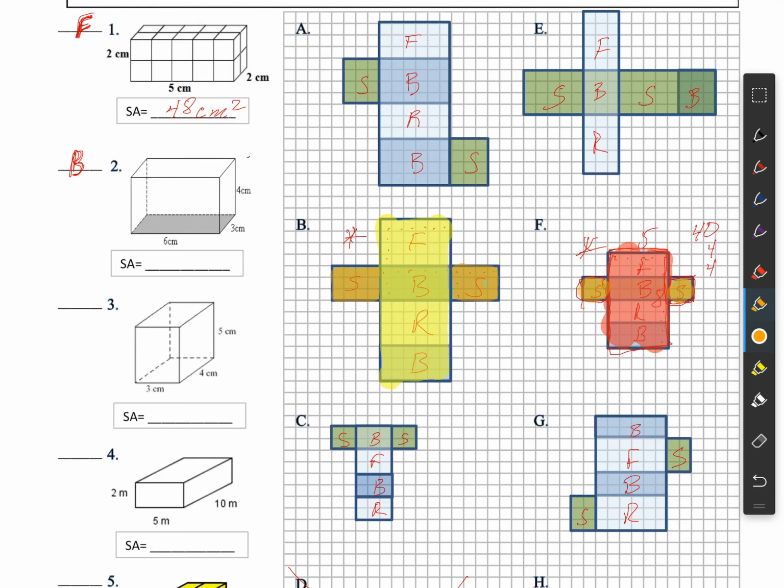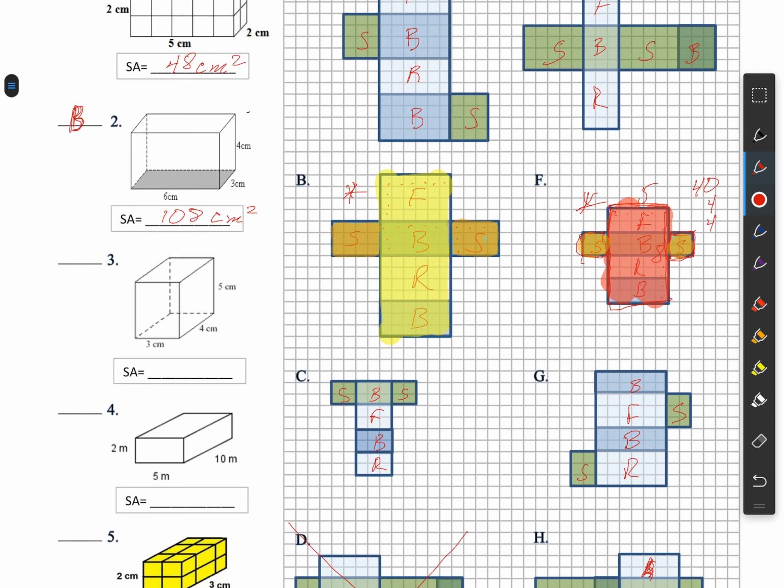And then I just have to add those all up. Area of a rectangle, don't forget, base times height, length times width, however you want to say it. Okay. So after we combine those, we get 108 centimeters squared.